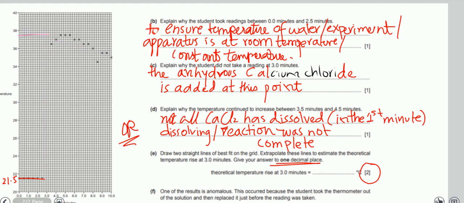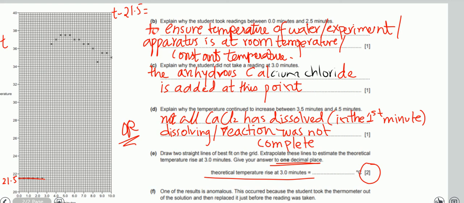What is the temperature at that particular point? I'll just suppose that as T, and then you'll do T minus 21.5 equals the theoretical temperature rise at 3 minutes. I think the answer is somewhere between 16 degrees Celsius and 17 degrees Celsius.